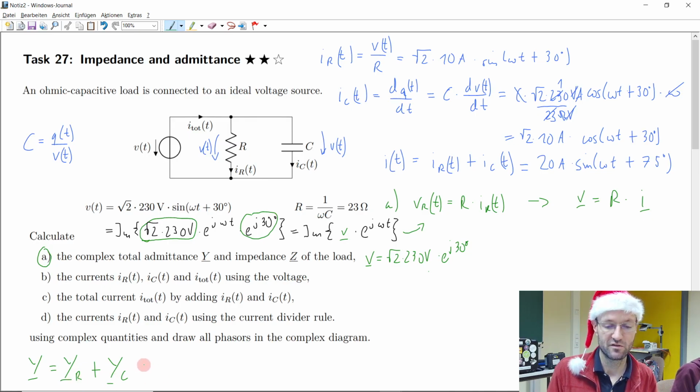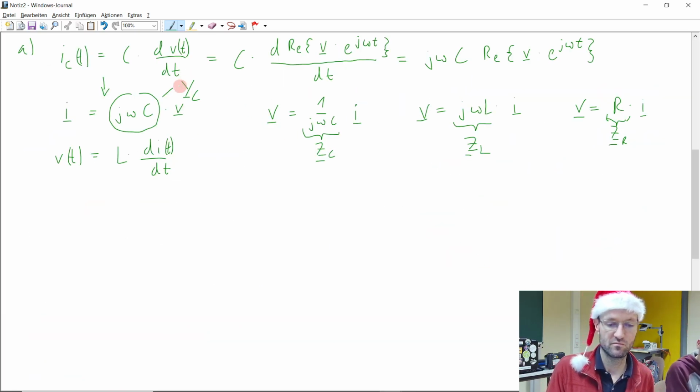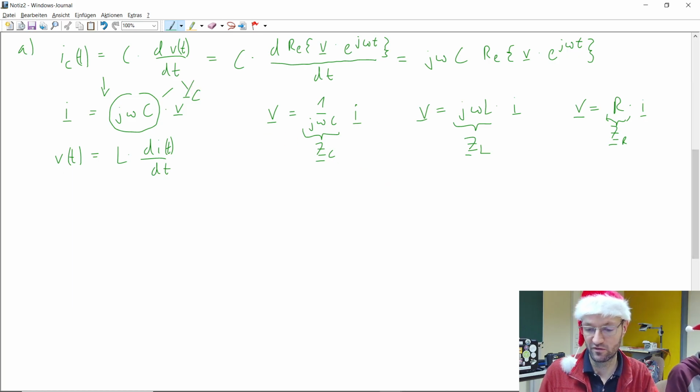The admittance of the resistor is 1 over R, and the admittance of the capacitor is j omega C. Yeah, because this is just what we have written on the second page here. This is the one for the capacitor, and the one for the resistor is 1 over R.